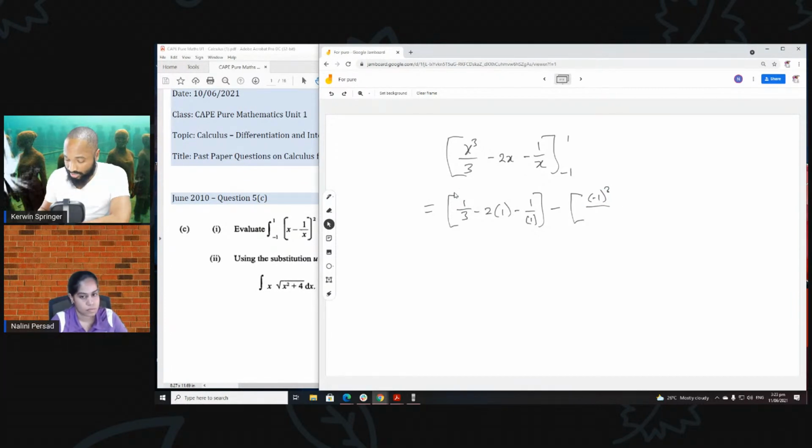Over 3 minus 2 by 1. Ideally it's the bigger minus the smaller, right? So this is negative 1 cubed over 3 minus 2 by negative 1 minus 1 over negative 1. What is this answer going to be, class?